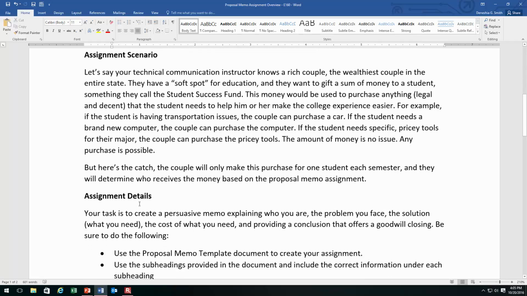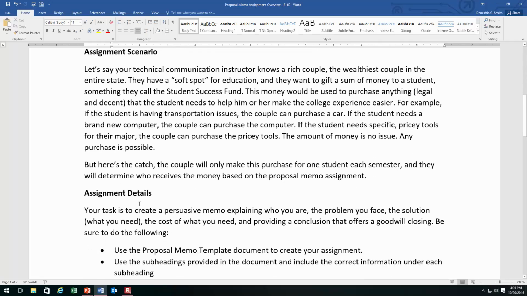And so here's the assignment. Let's say, just for example, that your technical communication instructor knows a rich couple, the wealthiest couple in the entire state. They have a soft spot for education, and they want to gift a sum of money to a student, something they call the Student Success Fund. This money would be used to purchase anything legal and decent that the student needs to help make the college experience easier.